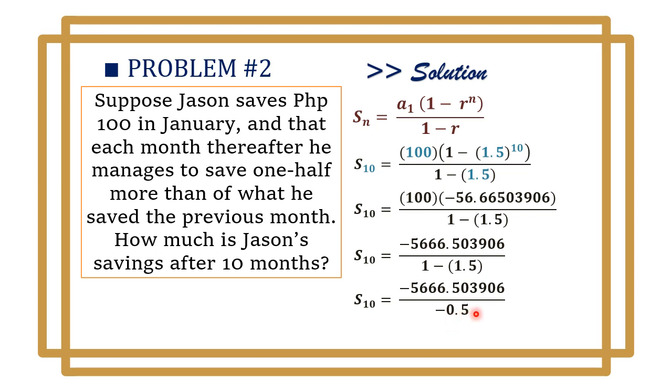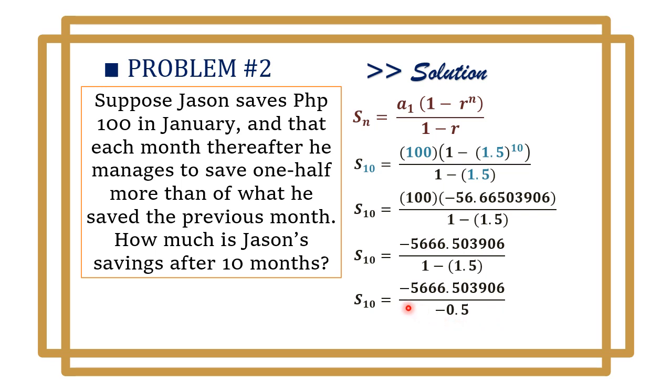So reminder guys, do not forget the negative sign because it is very important and it really matters for your final answers. The sign of the integers or the numbers has something to do with your final answers as well.